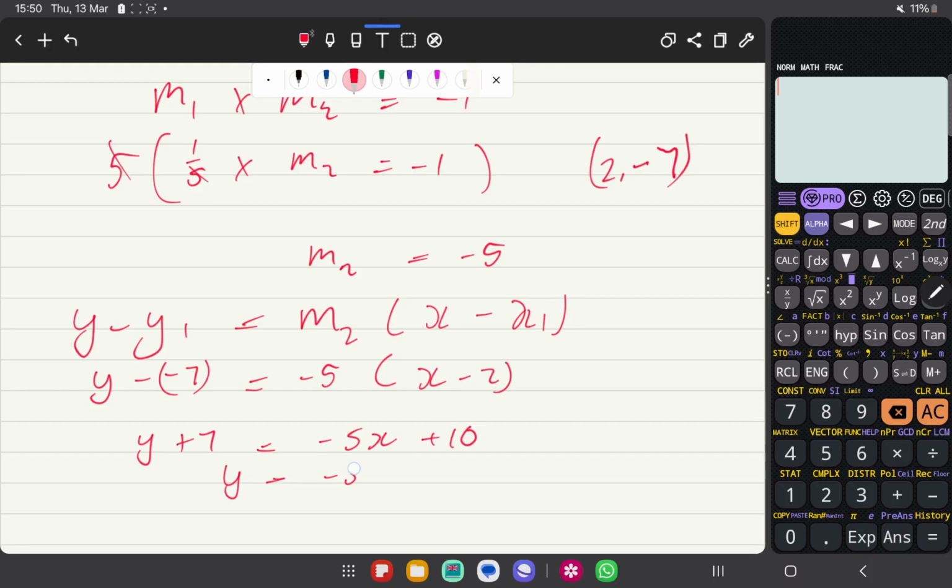Y equals minus 5x plus 10 minus 7, which is minus 5x plus 3. Done and dusted. That's how it's done.